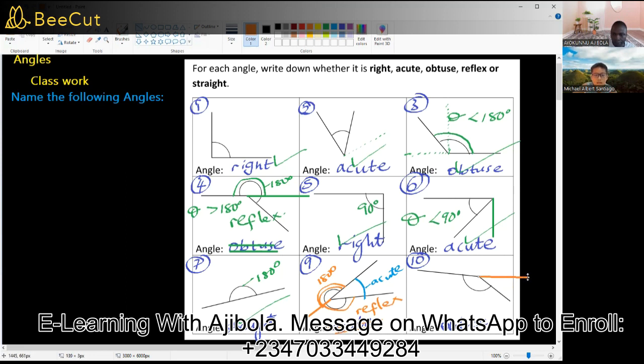Now, if I try to make this a straight line, I'm going to see that this angle is already bigger than 90. Is that clear? Yes, it's bigger than 90 because this is 90. And it's already less than 180 because it did not cover this space. So this total angle is obtuse.